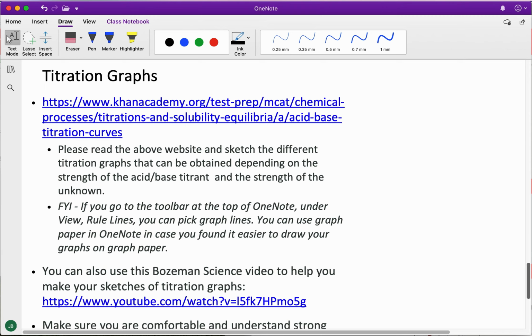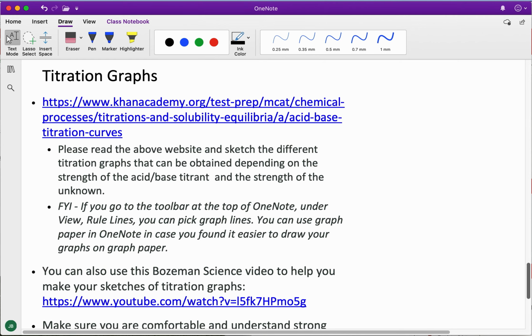So that would be one kind of graph. Now let's flip it. Let's put the strong acid in the burette and the strong base in the Erlenmeyer flask. That graph would look just a little bit different. It would look flipped, like a mirror image.